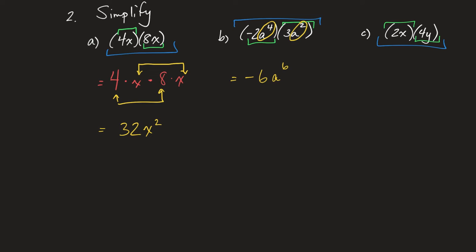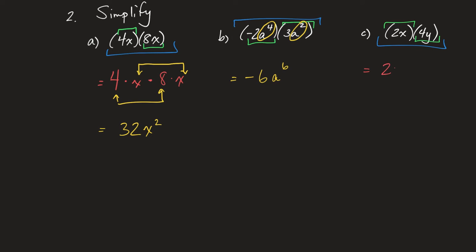Okay, we're back. Now, C may have caused us a little bit of difficulty, which gives us great problem-solving practice, because we notice that both the monomials that we're multiplying have different variables. So I'm just going to write out that red line that we did on question A again.